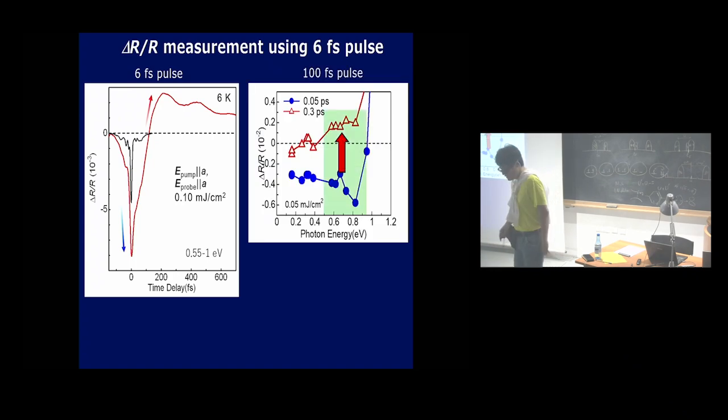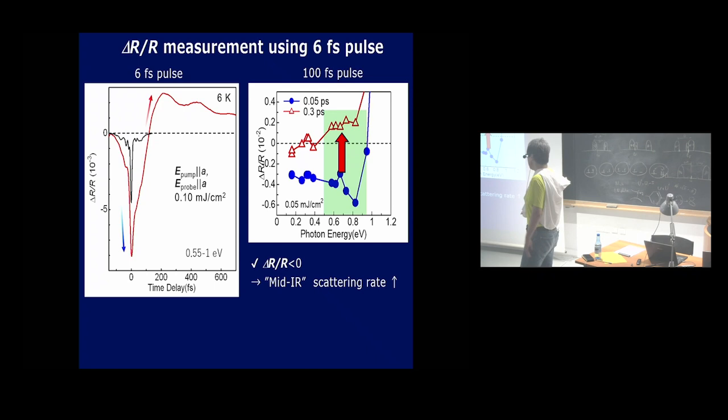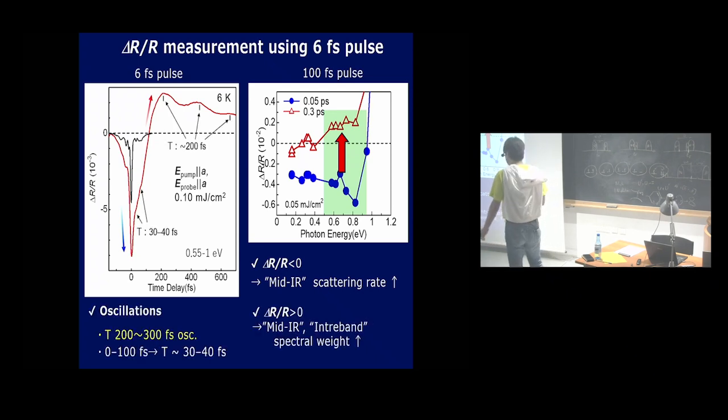According to the spectral analysis obtained using the 100 femtosecond result, these negative and positive components are attributed to the increase of the scattering rate of the mid-infrared absorption, and the spectral weight increase for the mid-infrared absorption and the interband transition.